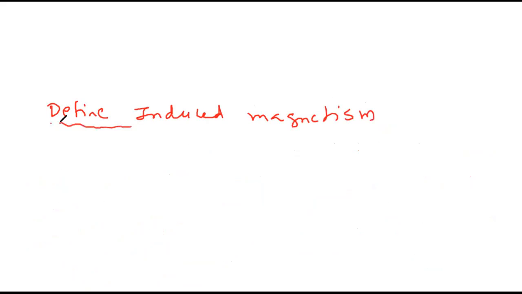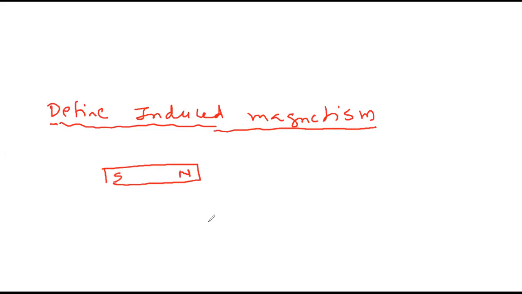Next, define induced magnetism. See, suppose this is a magnet with its north pole, south pole as shown. This is actually a bar magnet.